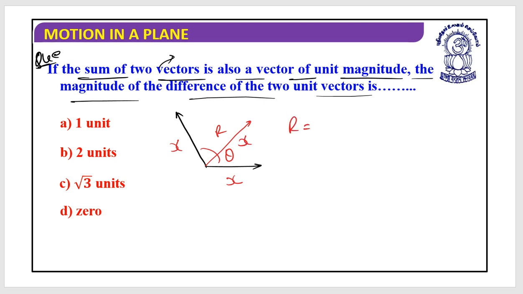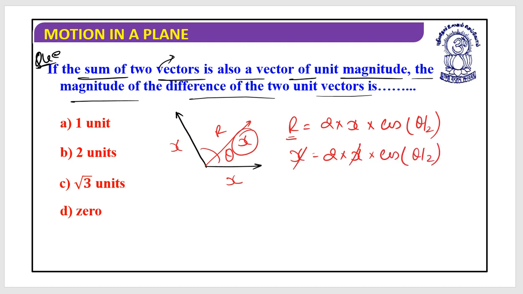So the resulting vector R equals 2 into x into cos of theta by 2, and my value of R must be x. So x equals 2 into x into cos of theta by 2. This x is gone, and cos of theta by 2 would be equal to half. So theta by 2 equals 60 degrees, and theta should be 120 degrees.